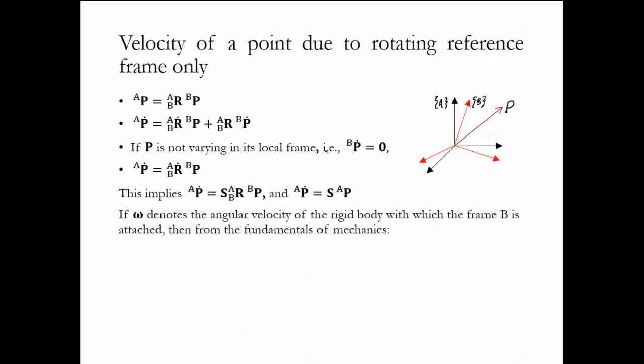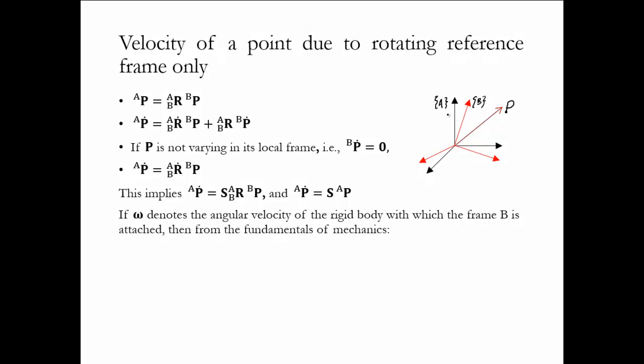Now obviously the red frame is moving relative to the black frame, or you can say frame B is moving with respect to frame A, about some axis, or it could be about all three axes in a more general case. Let's assume that it's moving with some angular velocity, because we are doing velocity analysis.